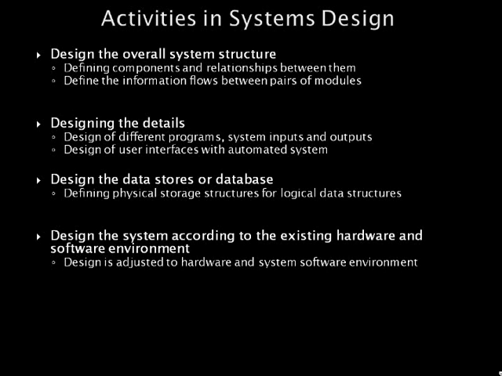Package the design specification. In this step, the portions of the design model are collected in final form into a document, usually as user manual, that will guide the development of the system. Implementation and testing.